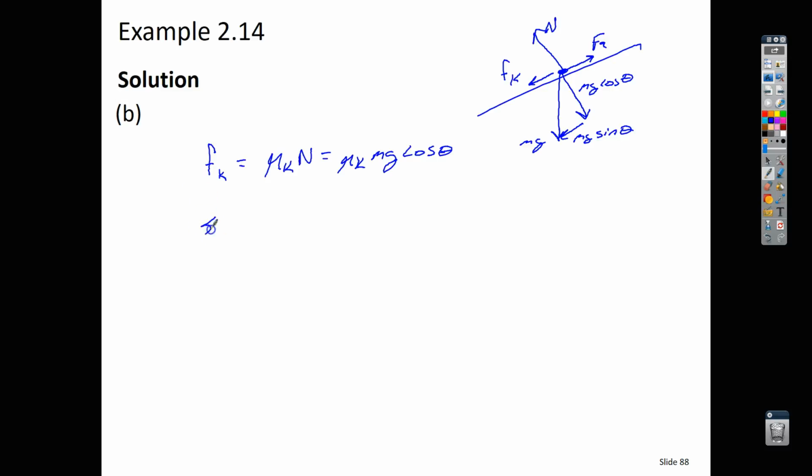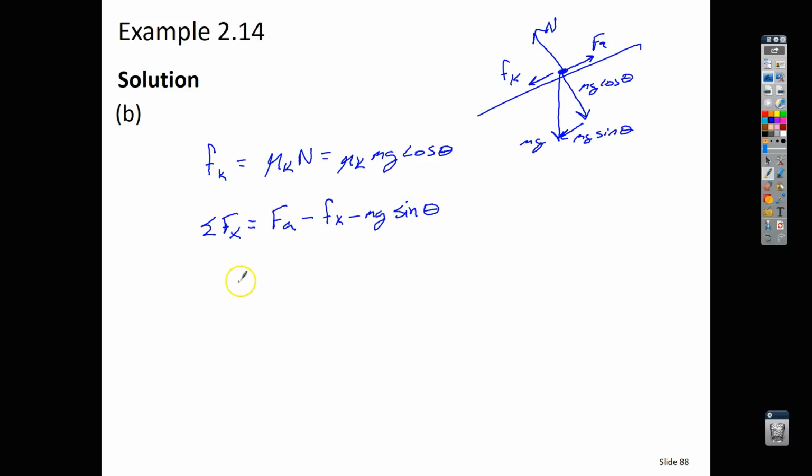So we know what Fk is. We also need to find out what the sum of the forces in the x direction is. So that would be the applied force that we're using. We need to now subtract off the force due to friction, and we have to subtract off mg times the sine of the angle.